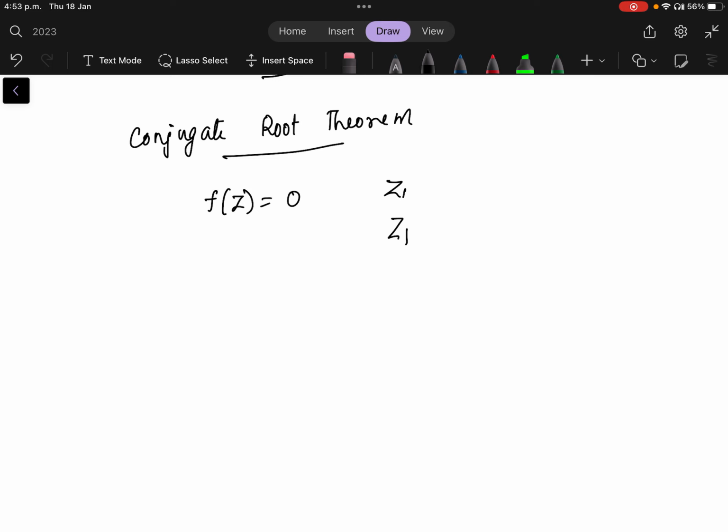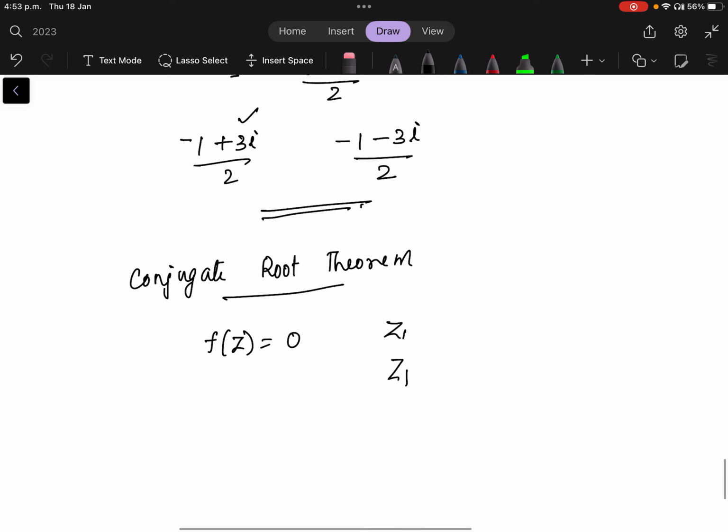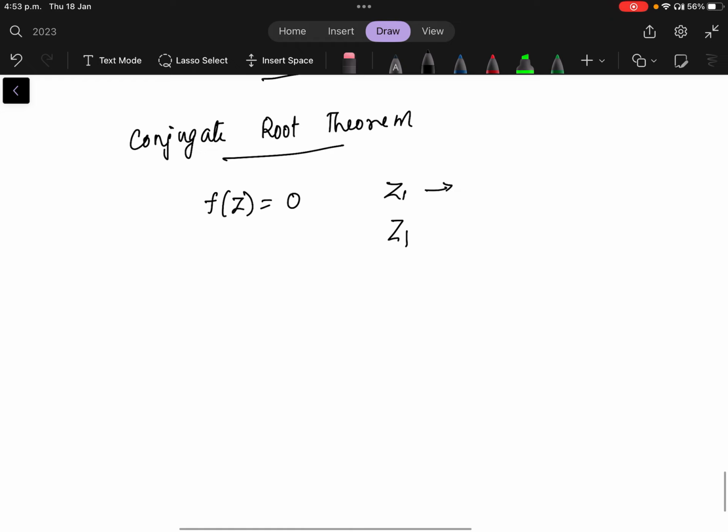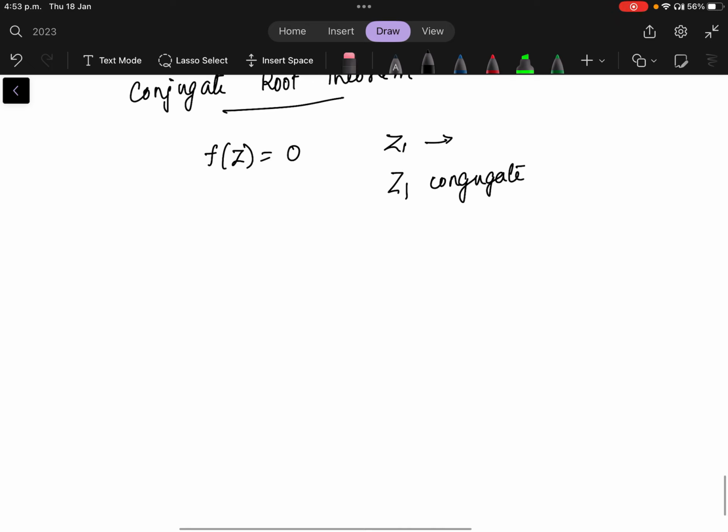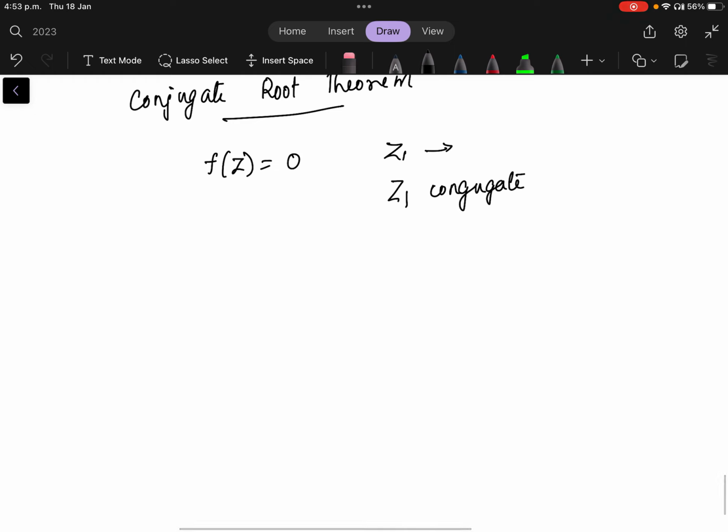For example, in this case we saw that there's one complex number which is a root, and the conjugate is also a root. So that's what the conjugate root theorem says. If z1 is a root, the conjugate of z1 will also be a root of the equation. So you can directly write this.